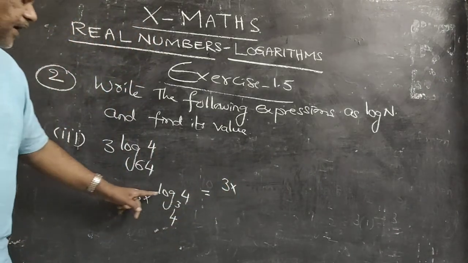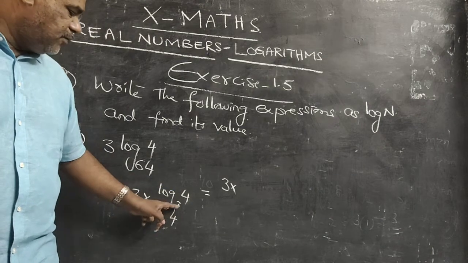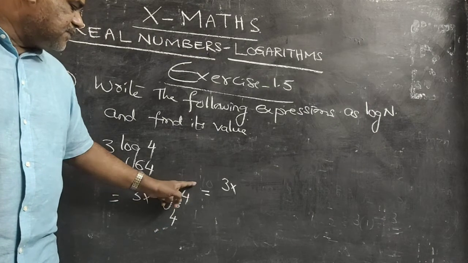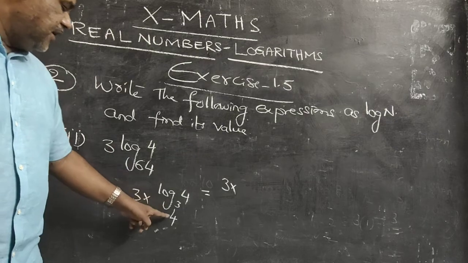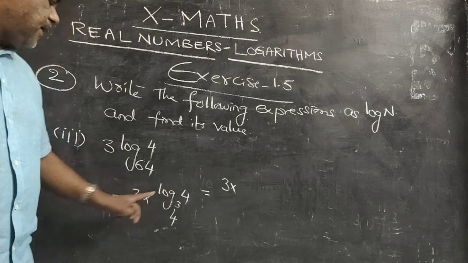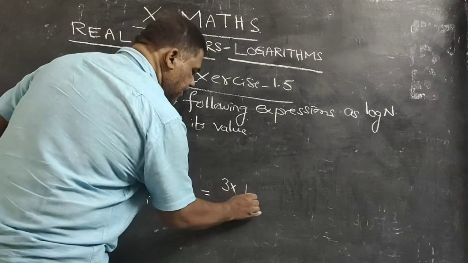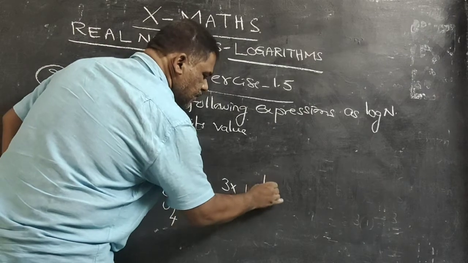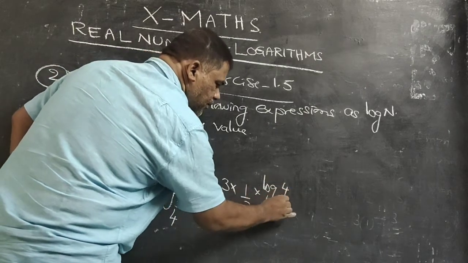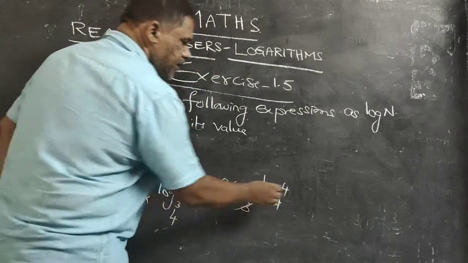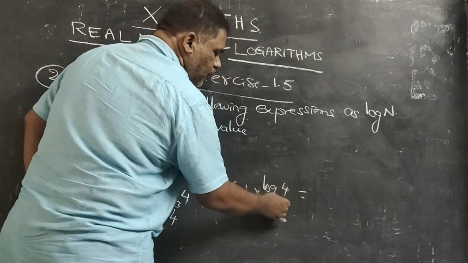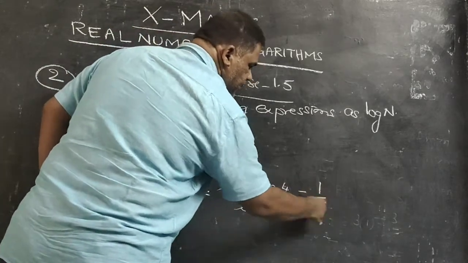Now this is 3 into log 4 base 4 cube. If the number has power, it comes as coefficient. If the base has power, it will become 1 by that power. So it will become 1 by 3 log 4 base 4. This 3 you can cancel. Logarithm of 4 base 4, this is 1.